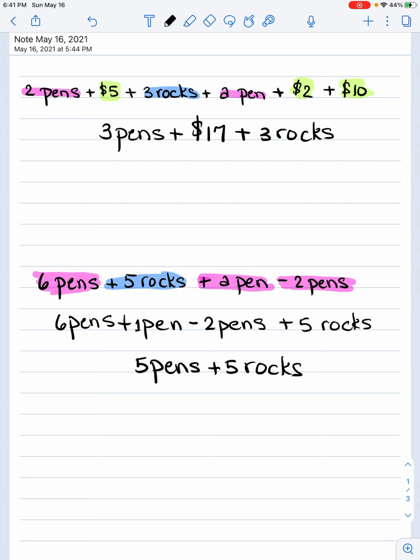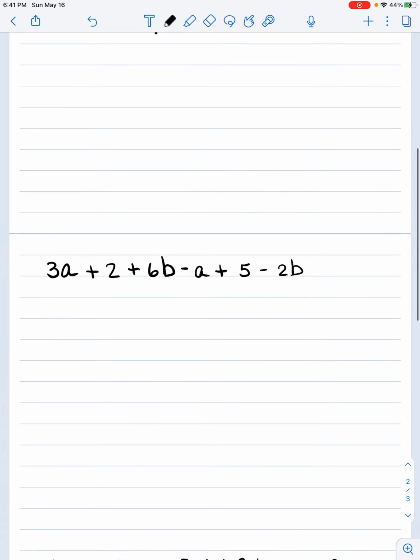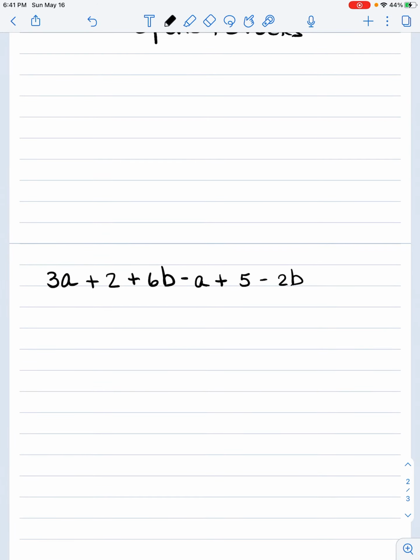Okay, so let's leave the world of rocks and pens and let's go into algebra land. What we're going to do is treat these the exact same way as we did our rocks and pens and dollars.